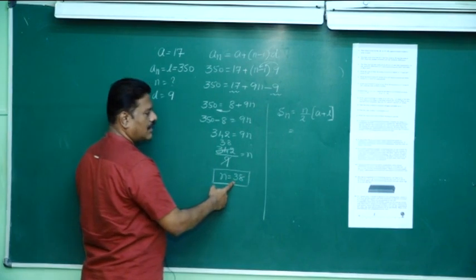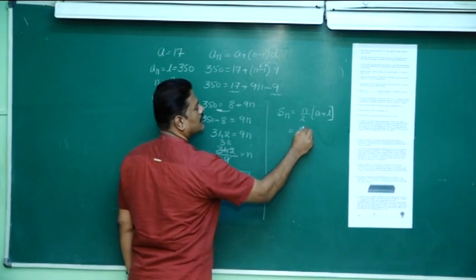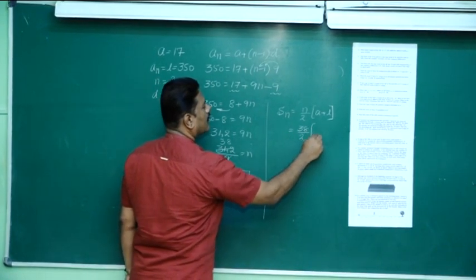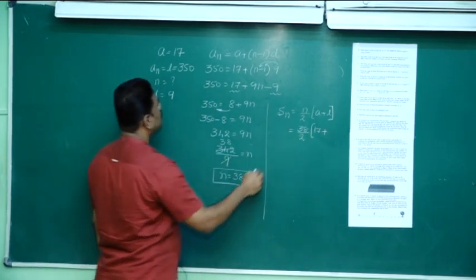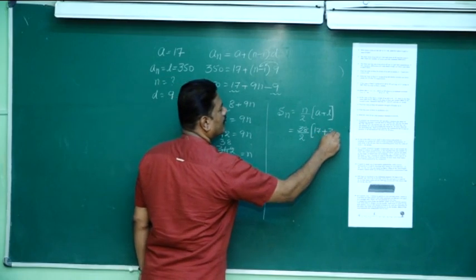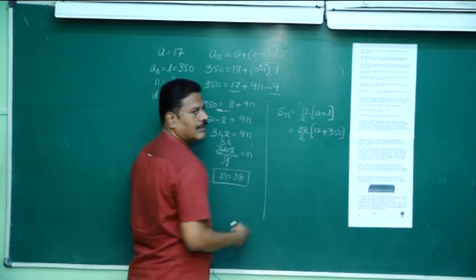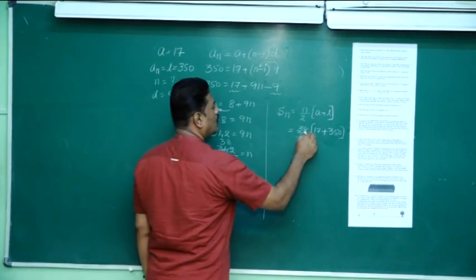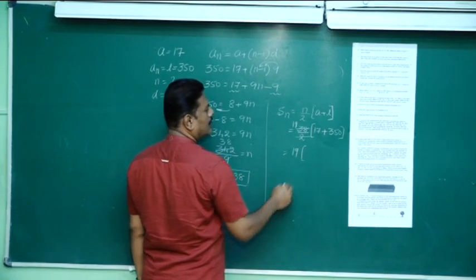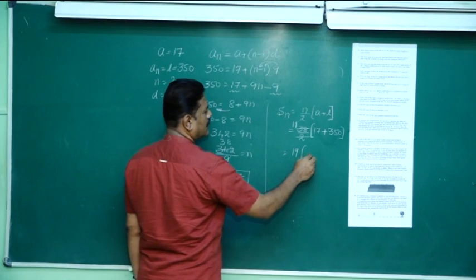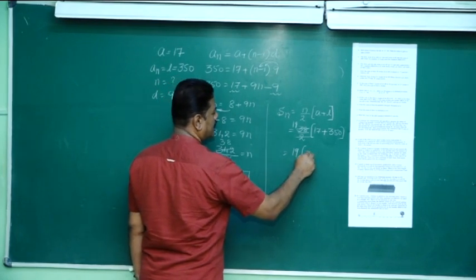N, just now you have calculated 38, you replace n by 38. A is given 17. 2 19s are 38, so 19 times (17 + 350), 350 plus 17 is 367. Now you multiply and you keep the answer.